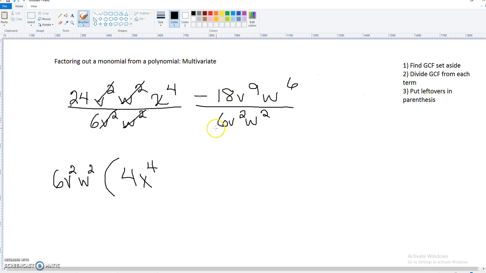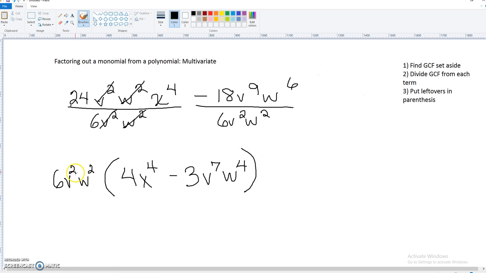Negative 18 divided by 6 is negative 3. And remember, when we're dividing exponents, we're actually subtracting them, right? So we've got V, 9 minus 2 is 7. And 6 minus 2 is 4.